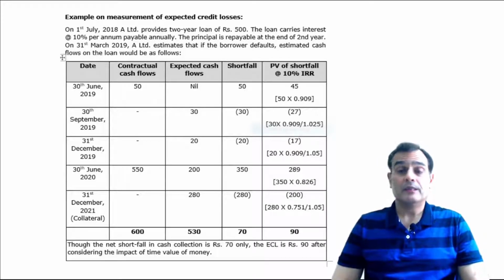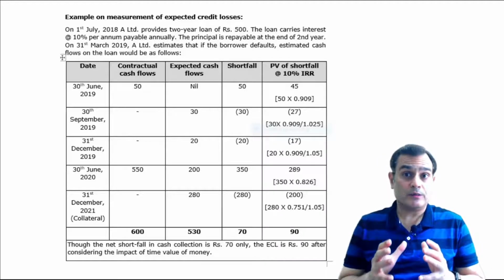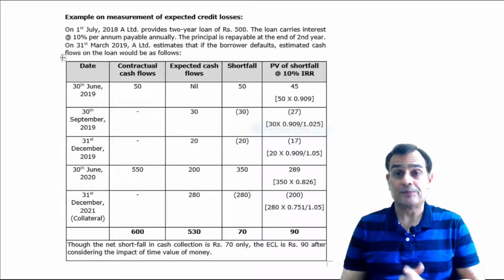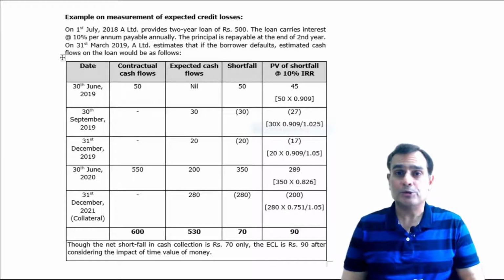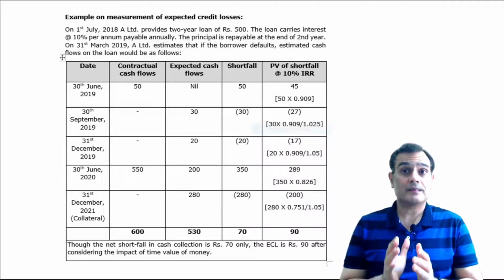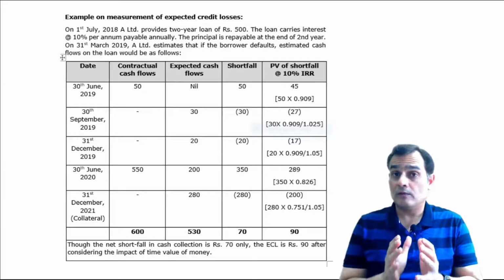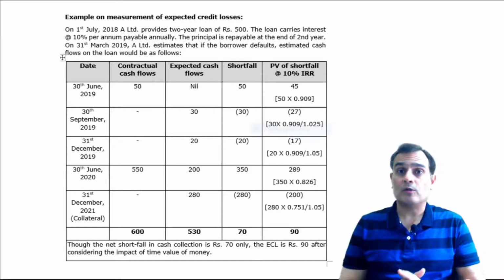If you consider the date when the contractual cash flows will arise, since the loan is taken on the 1st of July 2018 and the interest is payable annually, the first contractual date is 30th June 2019. On 500 rupees, a 10% interest works out at 50. So we made a second column which tells us that on a particular contractual date, what is the amount you have to receive.